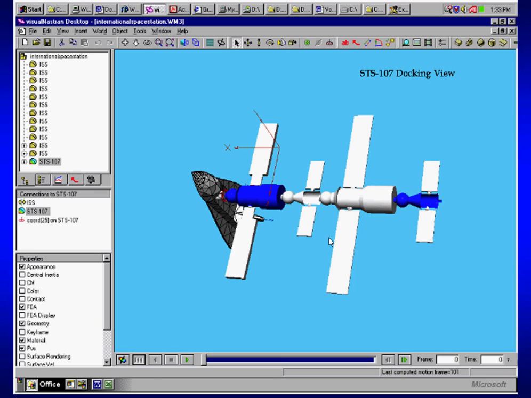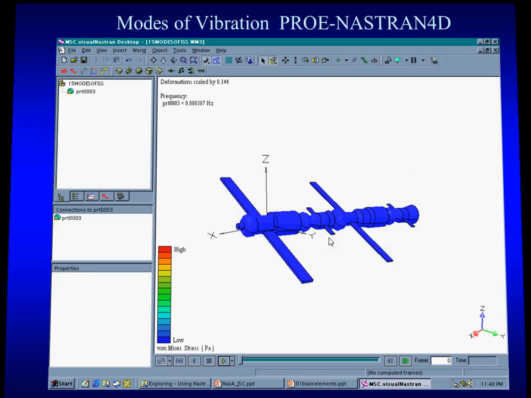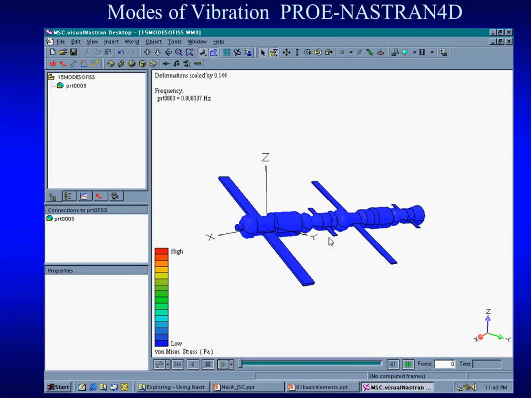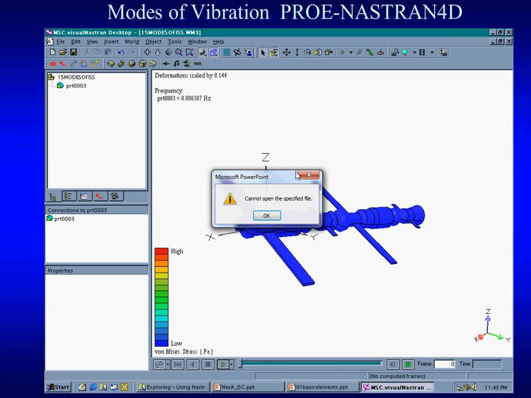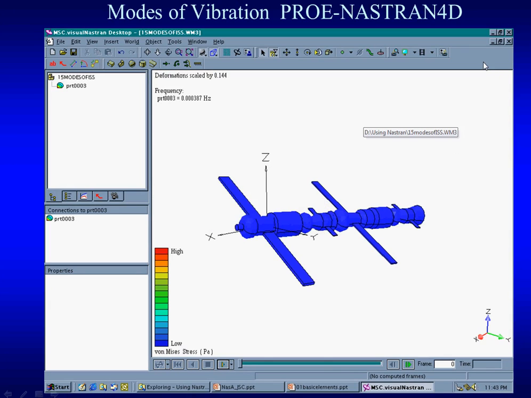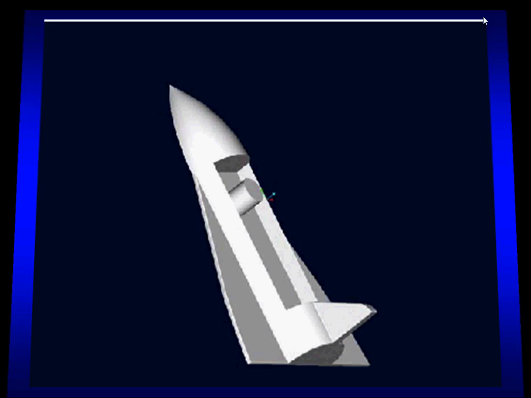The idea now in doing this is that we could do the maneuvers and do some testing of the modes of vibration. And in fact, that's what this is. This is a test of the modes of vibration of the space station to test how it would deform.